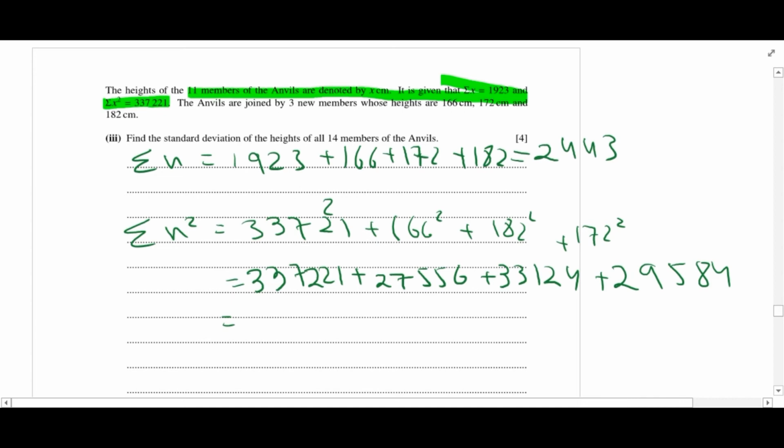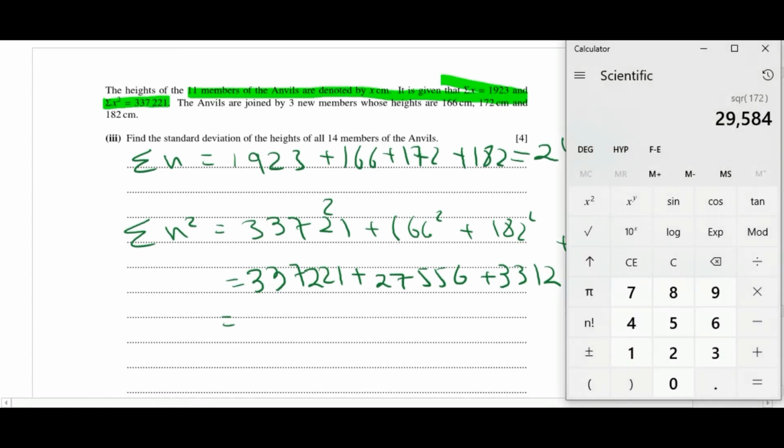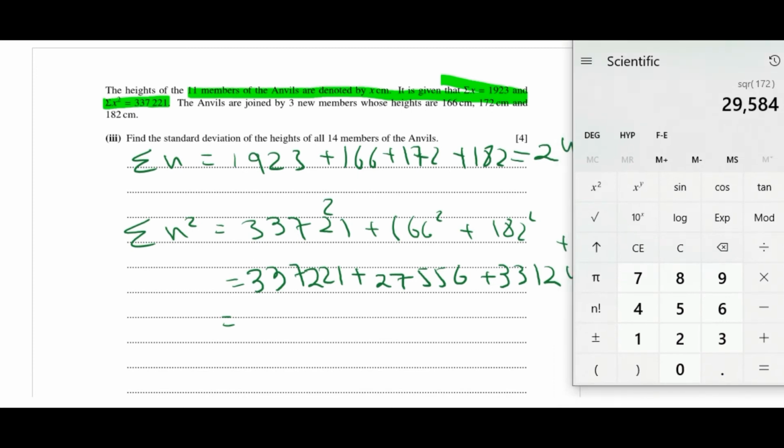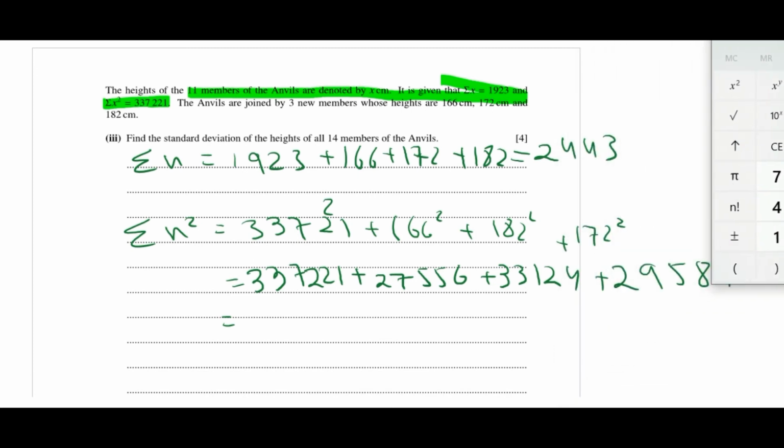That is 337 all these numbers are together.